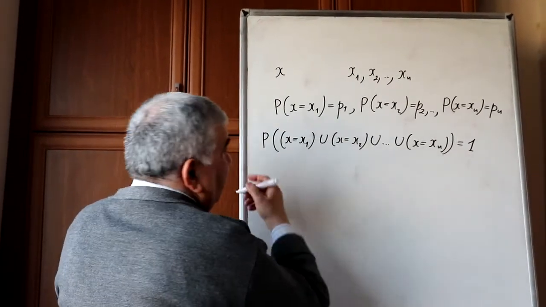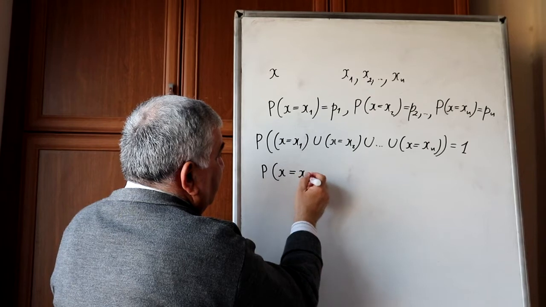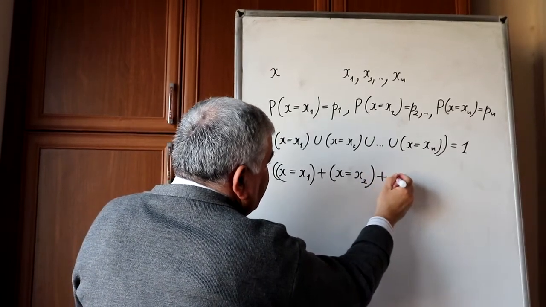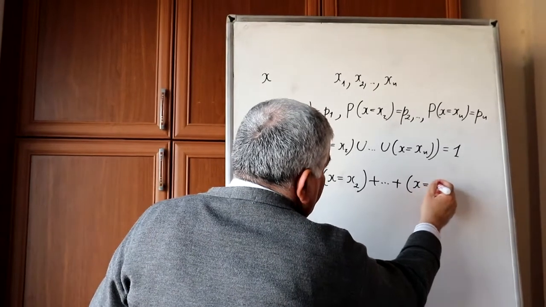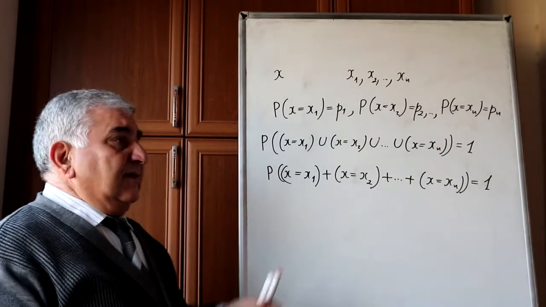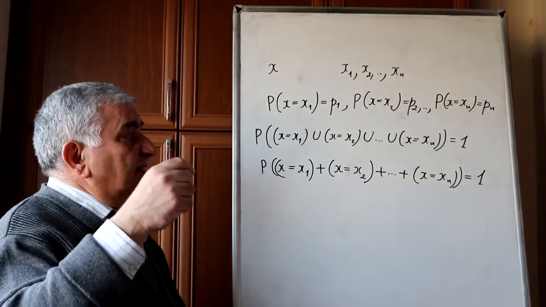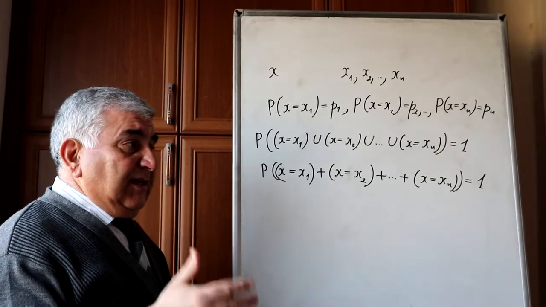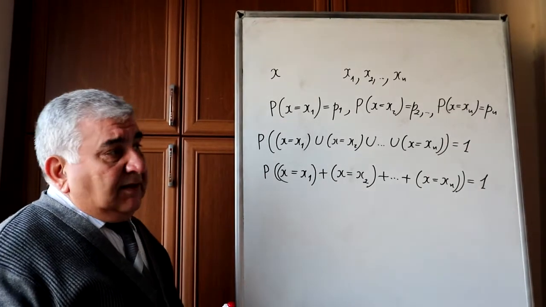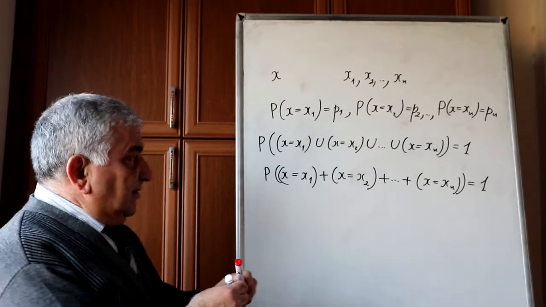Then rewrite the last equality: P of x equals x1 plus x equals x2 plus etc. plus x equals x sub n equals 1. And these events of taking the value x1, x2, etc., x sub n are incompatible events, and according to the addition theorem, the probability of the sum of incompatible events is the sum of the corresponding probabilities.